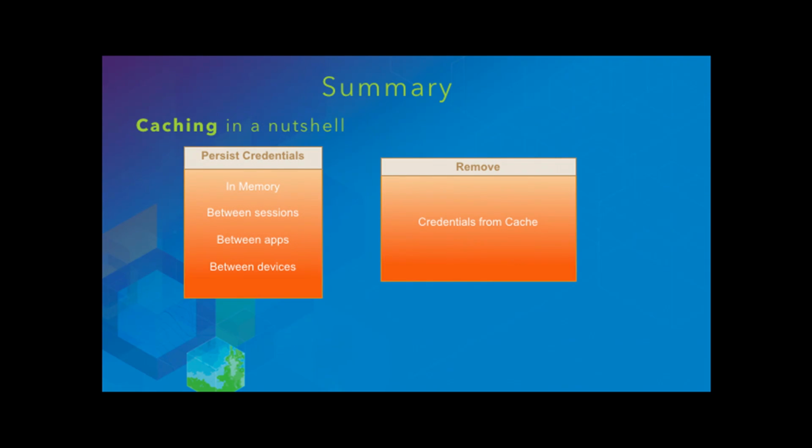Then we talked about caching user credentials, how credentials are cached by default in memory, and how you can cache credentials between sessions using the device's keychain, between apps and between devices. And to finally log out, you simply clear the credentials from cache. That's it. Thank you.